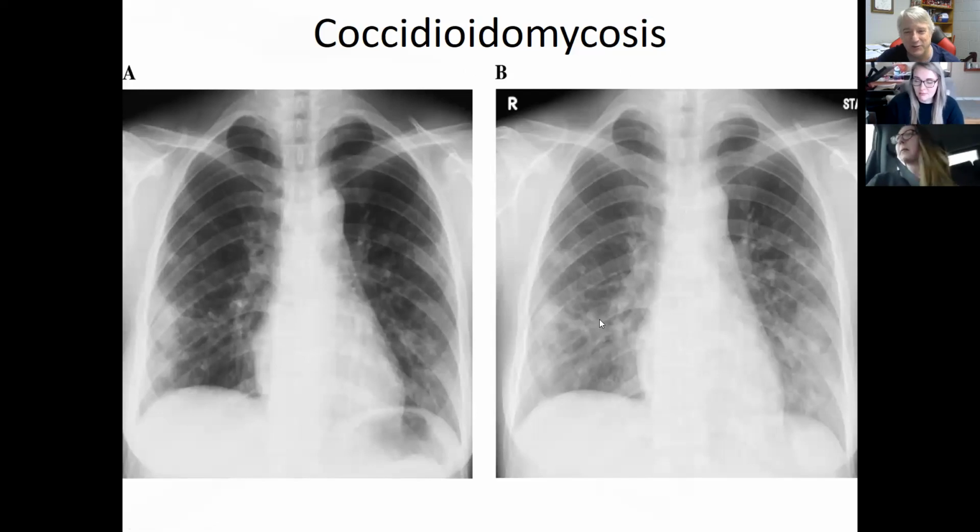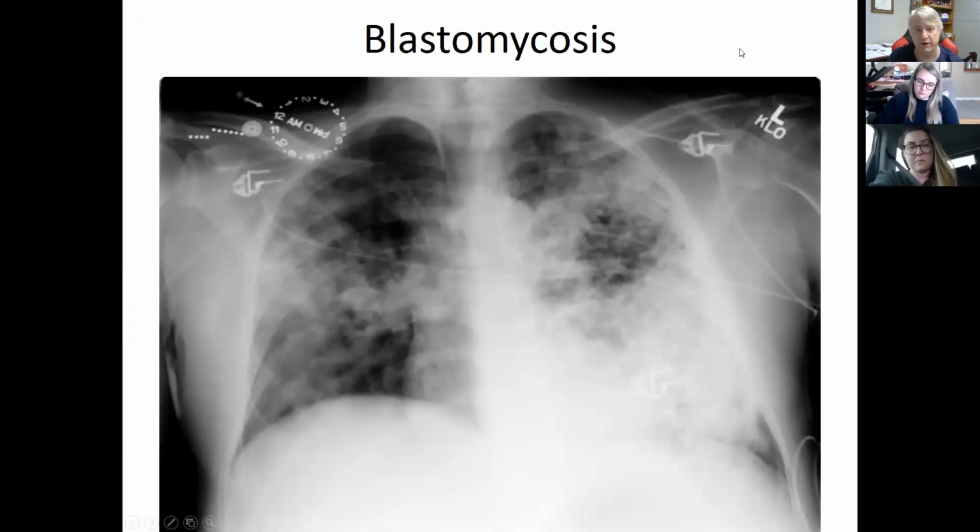So as you see x-rays. I know we're not x-ray experts, but we may get tipped off by an x-ray that there is something going on with the patient that we just did a chest x-ray on that we may be wanting to be involved with. Checking the chat. Blastomycosis.